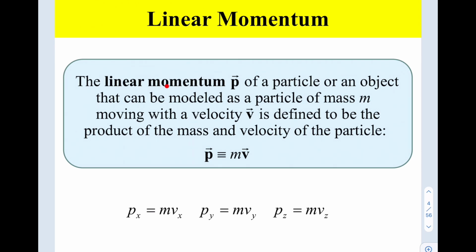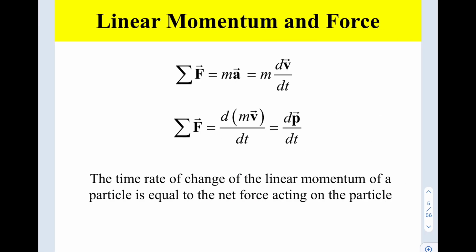Momentum is actually a Latin word meaning motion. So this is a character by which we evaluate one object having some velocity. This is a kind of character of the object, which is known as momentum. And why is the name linear? Because we are considering only linear movement as of now.